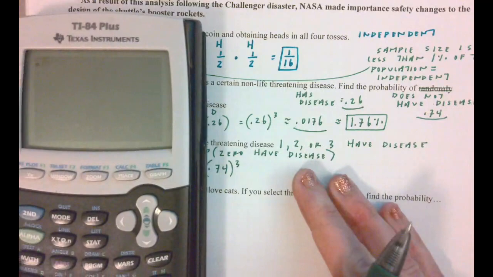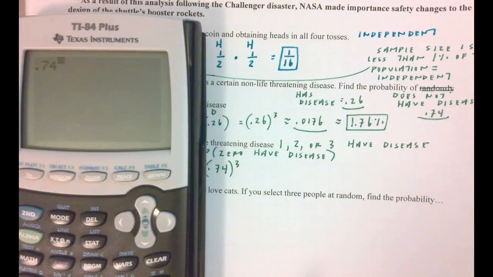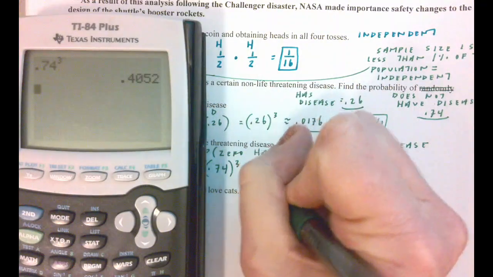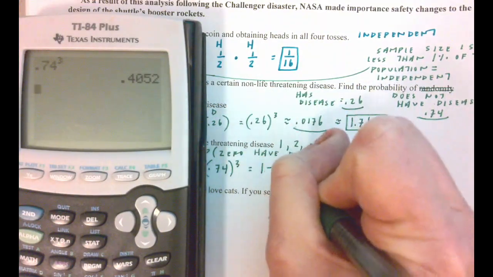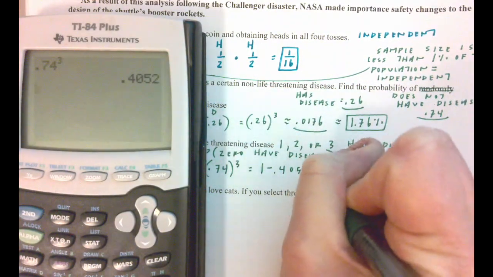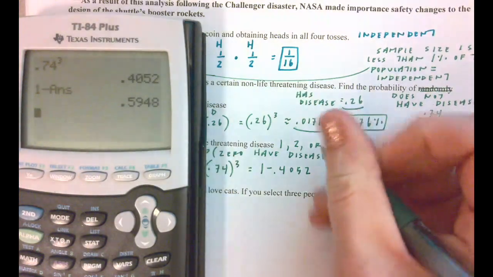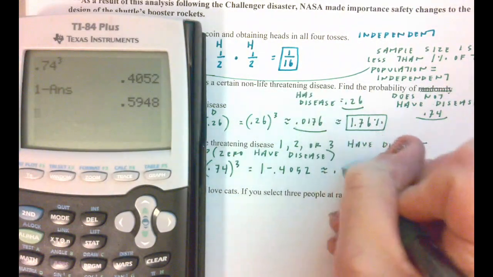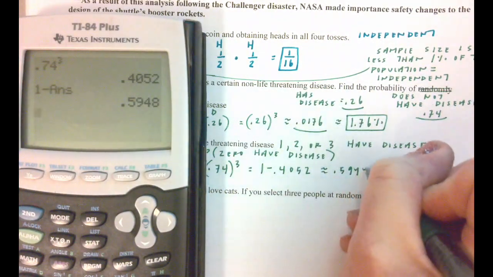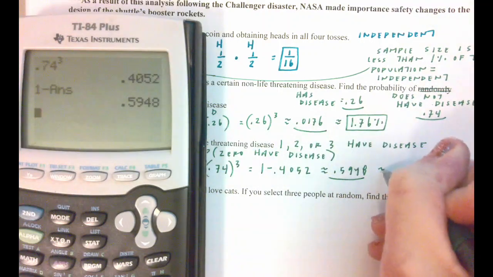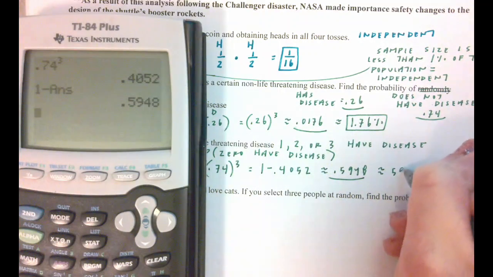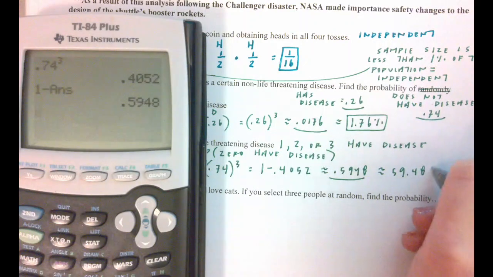Make sure I'm getting this all on the same screen. 0.74 raised to the third power. Okay, so this is like saying 1 minus 0.4052. So 1 minus my previous answer, and we get about 0.5948. Again, I've told my calculator, please round to 4 decimal spots. So 59.48%.